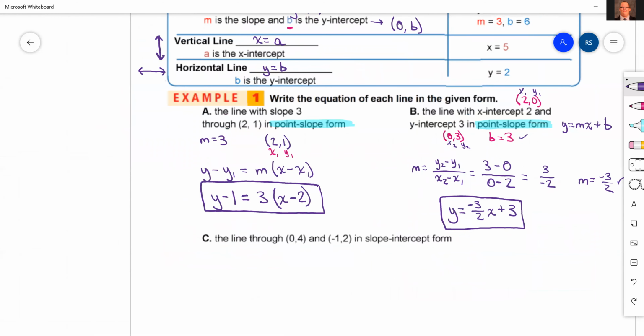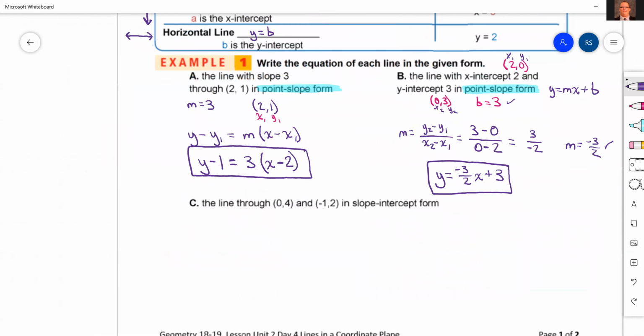Okay, next one. The line through 0, 4 and negative 1, 2 in slope-intercept form. So what form is that? Y equals mx plus b.